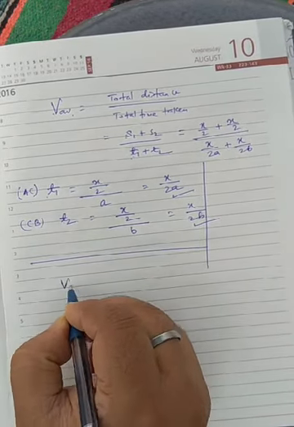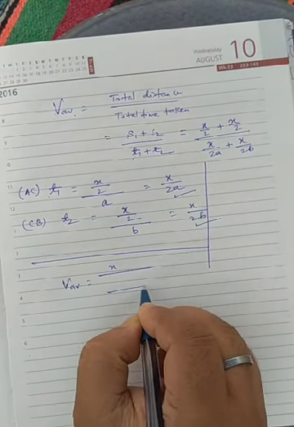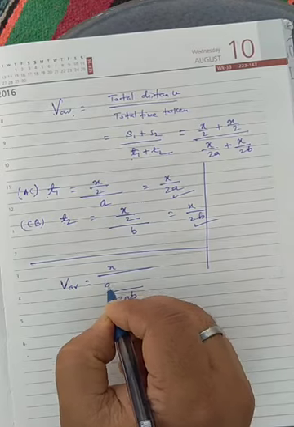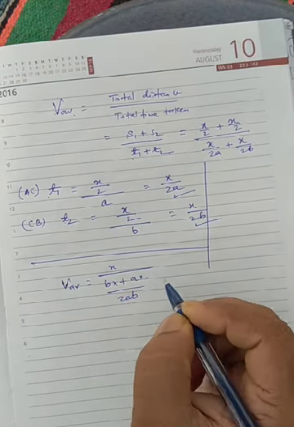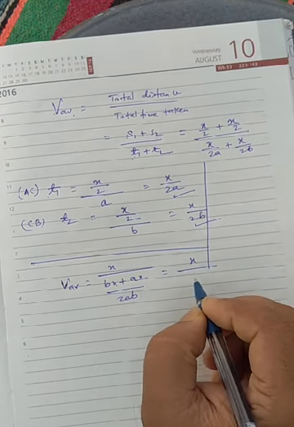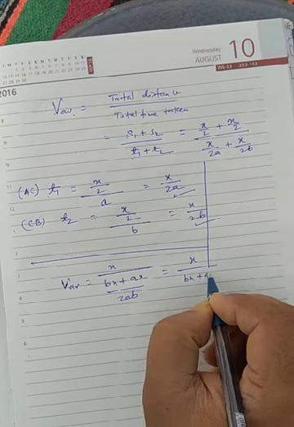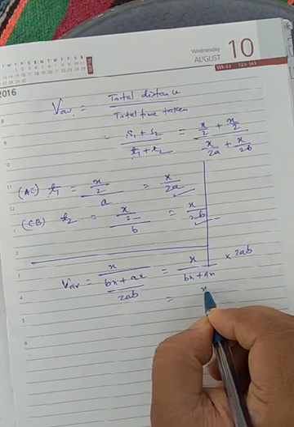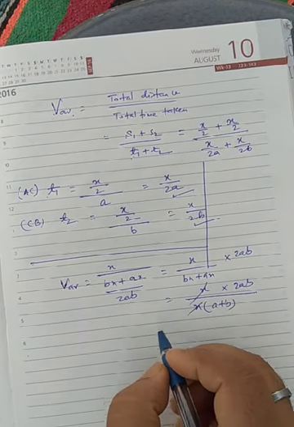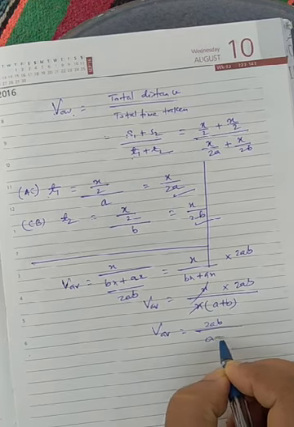Now I am solving here. So VAB equal to x by 2 plus x by 2, that means x, divided by the LCM 2ab. 2a cancel, so it will be bx plus ax, into 2ab. x can be taken as common, so a plus b into 2ab. x got cancelled, so average speed VAB equal to the formula that we derived, 2ab by a plus b.